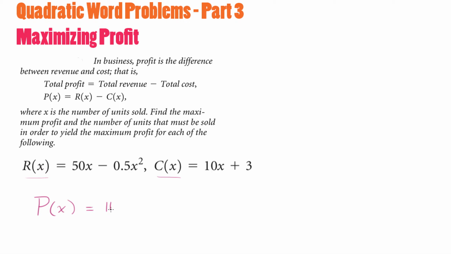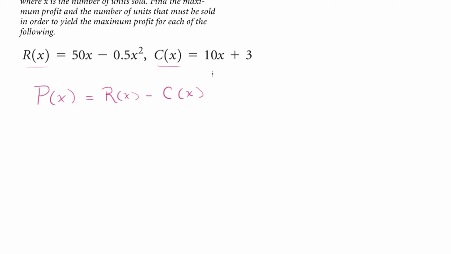So P of X is R of X minus C of X. Now don't forget this C of X, this minus in front of it, is going to distribute everything for C of X. So let's substitute.